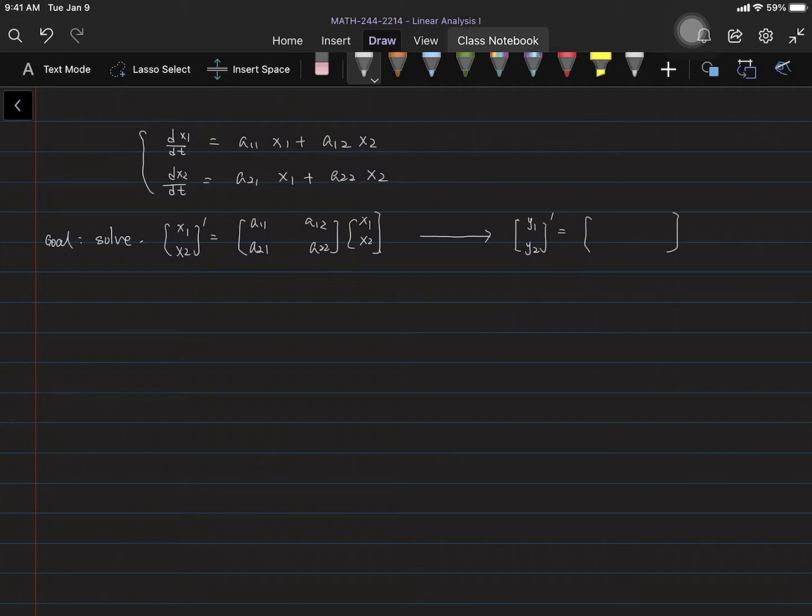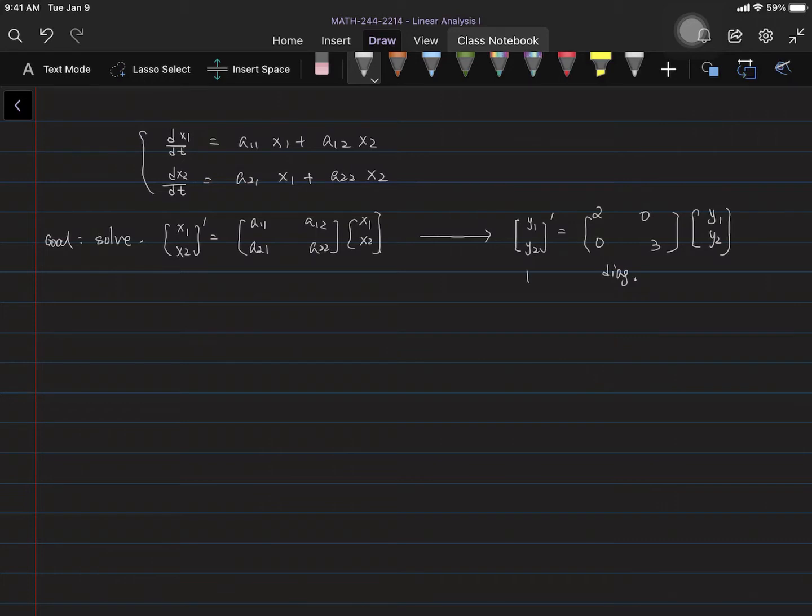For example, we just say 2 and 3, and 0, 0, just as a random example. It may be some other numbers, but I want to show you we want a diagonal matrix here, times y1, y2.